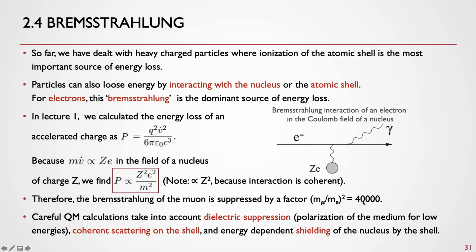That means Bremsstrahlung is relevant for electrons. It's very small for all the other particle species. For muons, it's already almost negligible.